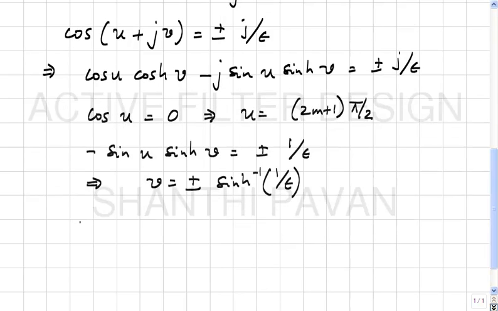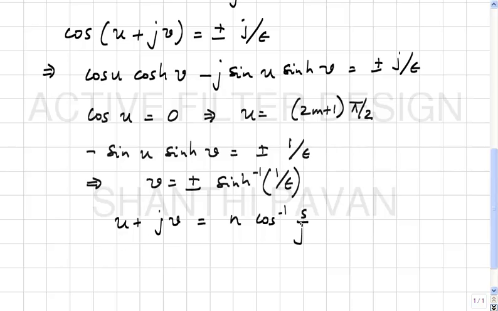Now, u plus jv, recall, is nothing but n cos inverse s by j. You understand? Cos of n cos inverse s by j is plus minus j by epsilon, which basically means that u plus jv is nothing but n cos inverse s by j. We are trying to find the roots.